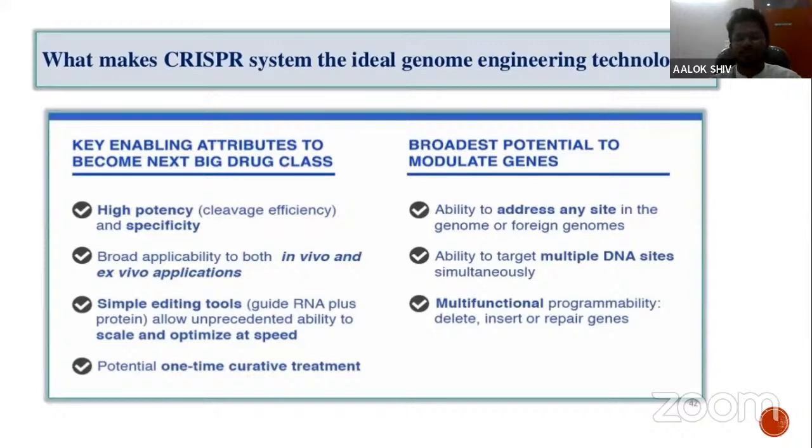If you have to target a particular gene, earlier in case of ZFN and TALEN, you had to modify the protein which is going to identify the gene of interest. But in case of CRISPR-Cas9, you just simply design a guide RNA of 24 nucleotides, and that is very simple. Based on the gene of interest, there are various bioinformatics tools available.